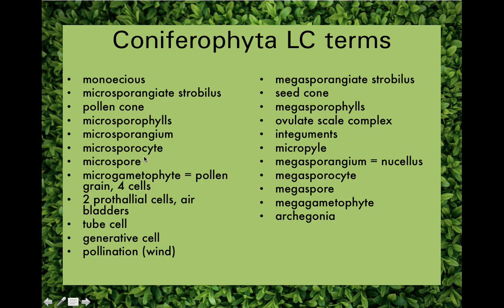Whenever you see this CYTE ending, that suffix means cell in the general sense, but in plants in particular, CYTE means that's a cell that's going to undergo meiosis. And that's true here. The microsporocyte is also called the microspore mother cell because it undergoes meiosis to produce the microspore.